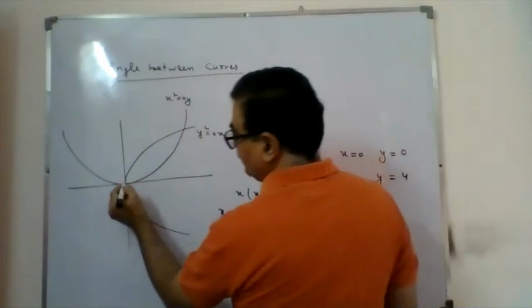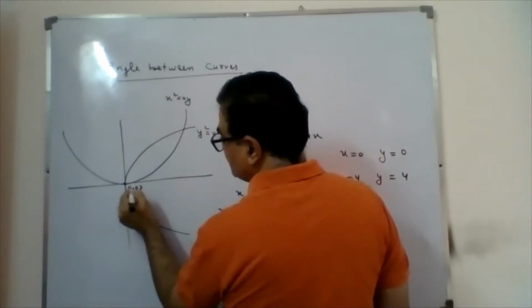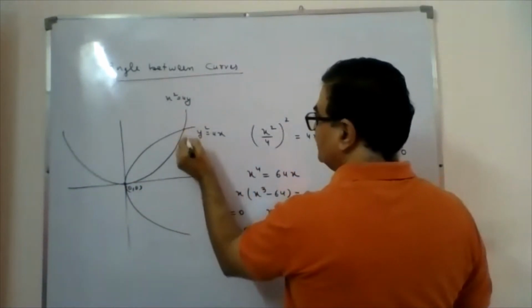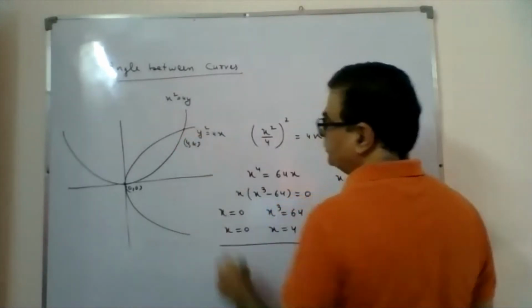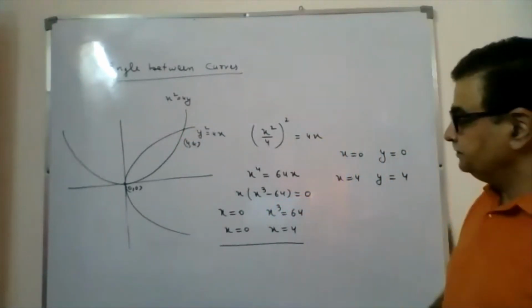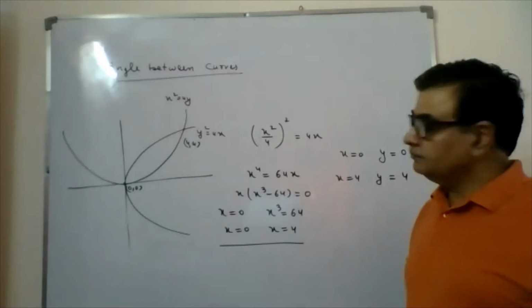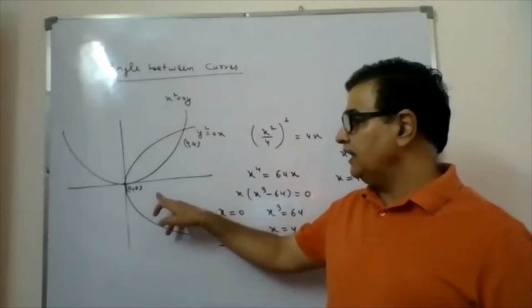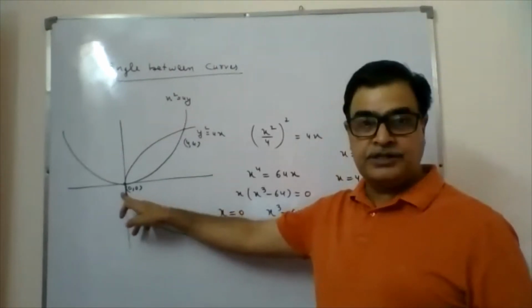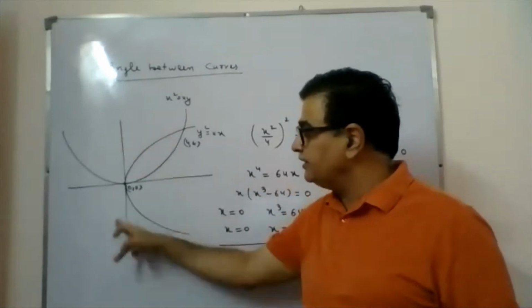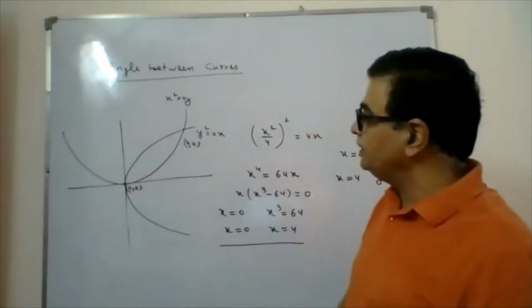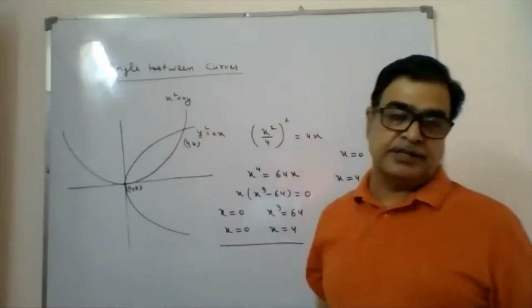This point is a point of intersection. We have (0, 0), and this point we have (4, 4). So now we should find out what is the angle at this point. Two tangents, one is here, another is here. What is the angle between these two tangents? And in the same way we calculate here.